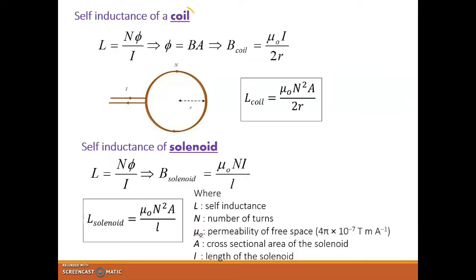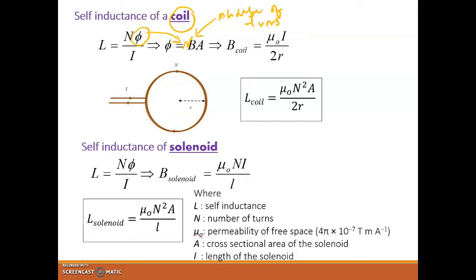For self-inductance of a coil, we have L equal to N flux over I, where flux here is equal to BA. Actually, it is NBA, where N is the number of turns. Okay. So from chapter 4, we learned that B coil is equal to mu naught I over 2R.